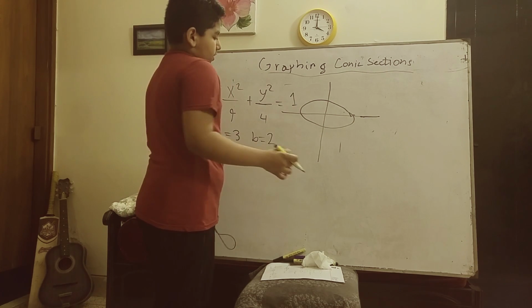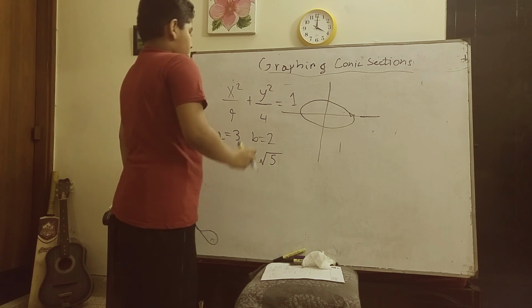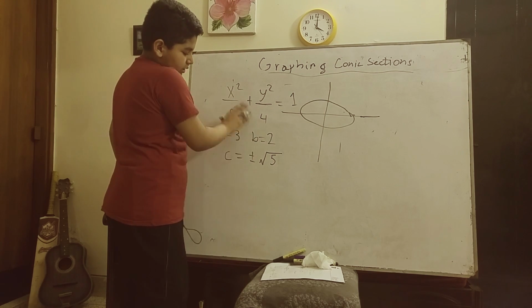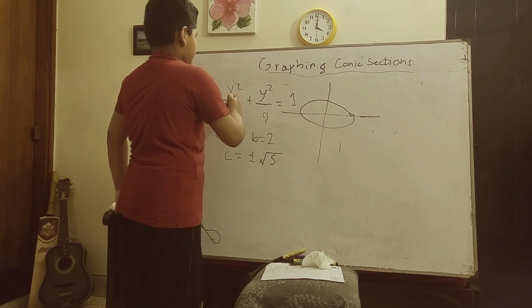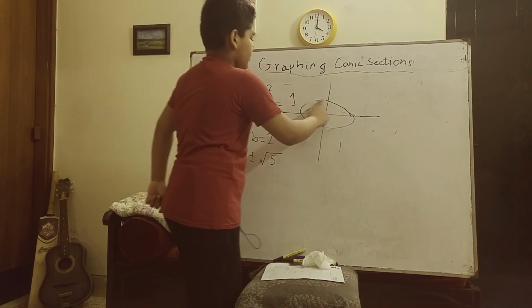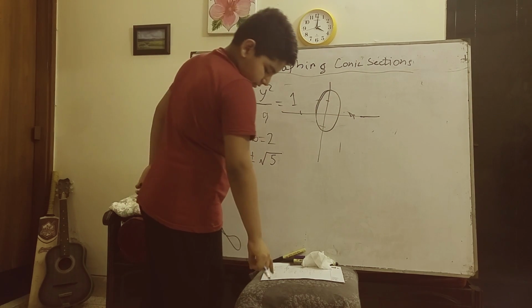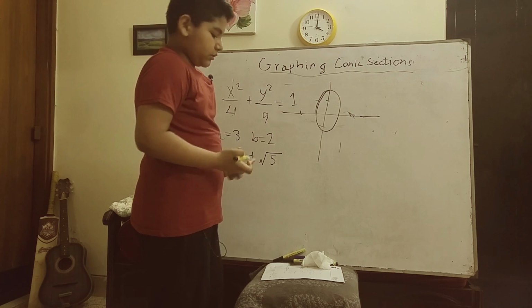Since they're not, but they're the opposite, that means it's here. But if we switch the places, these will be the same, but the equation would be different. Therefore, it's graphed so that it's taller than it is wider. Kind of like how an oval looks.